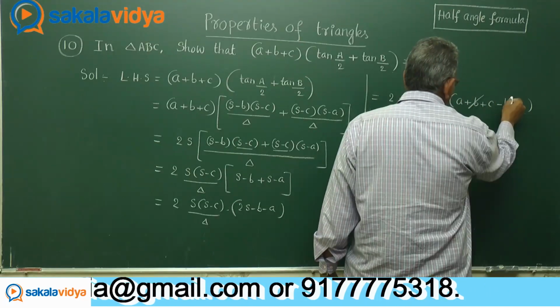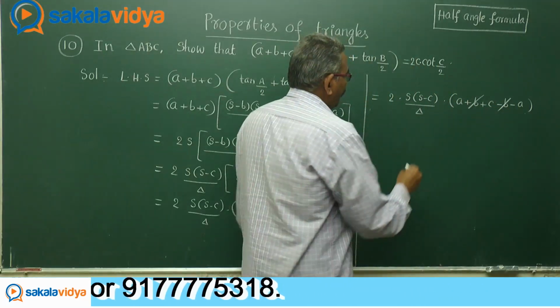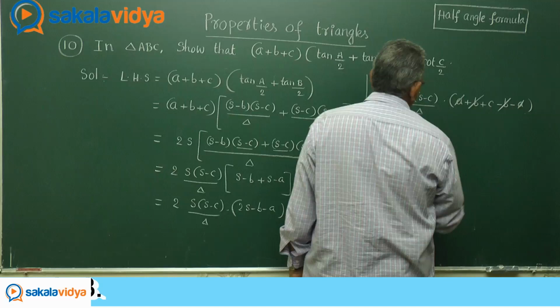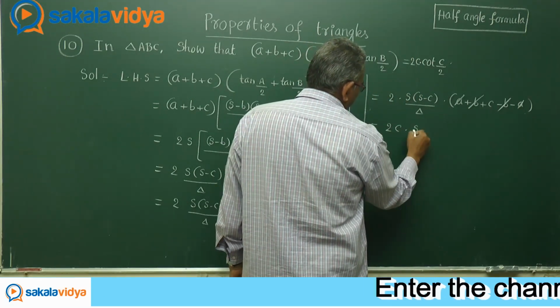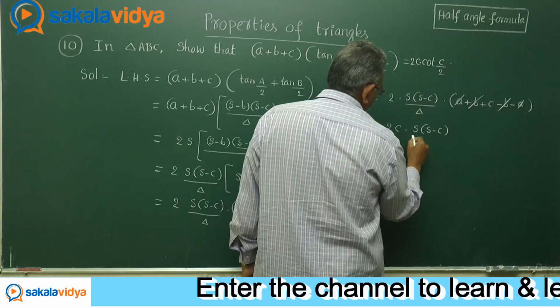See, b gets cancelled, a gets cancelled, we have c. So that means this can be written as 2c times s(s-c)/Δ.